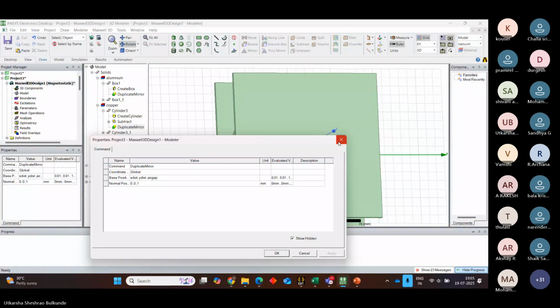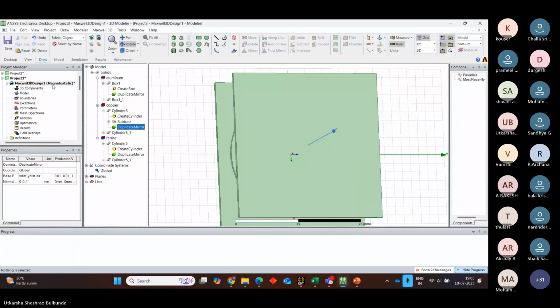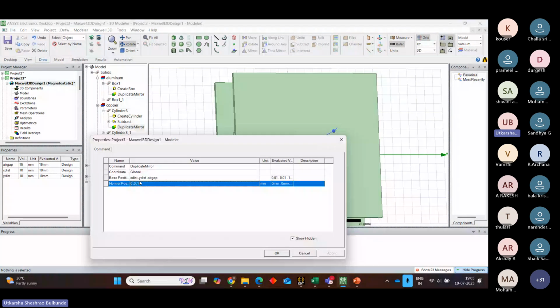I'm keeping it as 10 mm. Why is it showing 0.01 now?